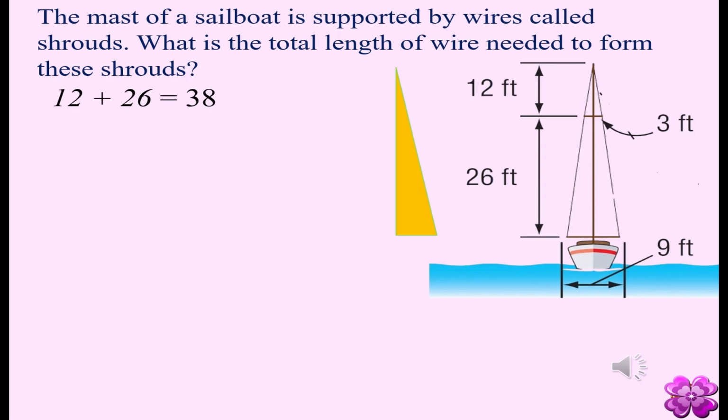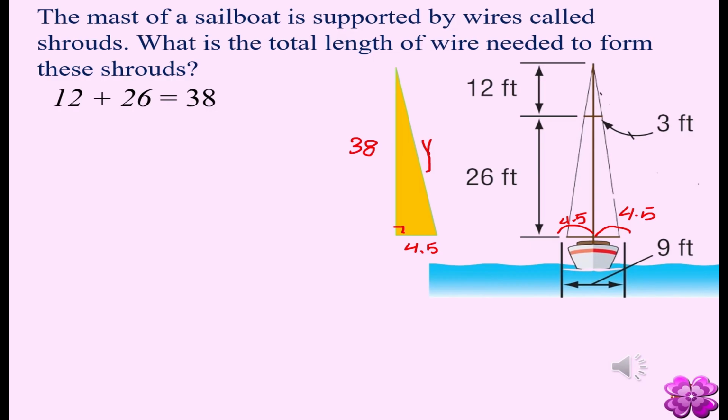Now I'm going to transfer the information that we got. So we got that the length of the mast is 38 feet. And because the width is 9, we got 4.5 here and 4.5 here, yes? So as a result, this length is nothing but 4.5 feet. I'm going to label the hypotenuse as y. Okay.